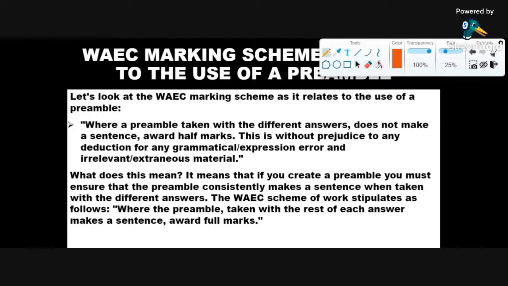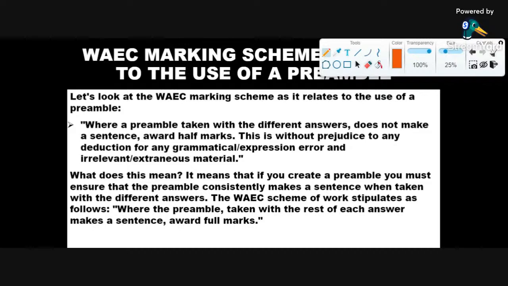Now, what does this mean? It means that if you create a preamble, you must ensure that the preamble consistently makes a sentence when taken with the different answers, especially when your answers are being presented in phrases or any other grammatical structure that falls short of the specified sentences that WAEC wants your answer to consist of.